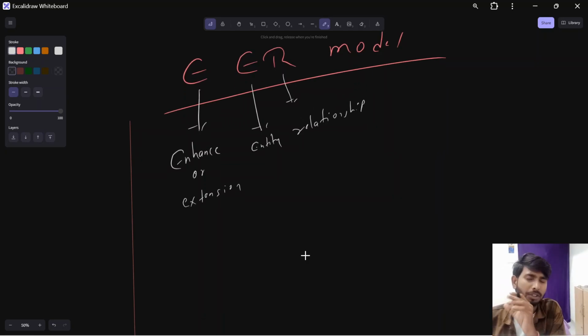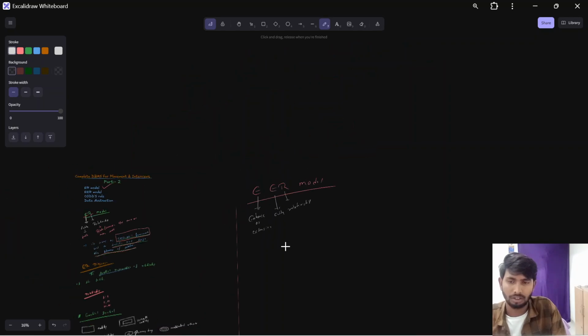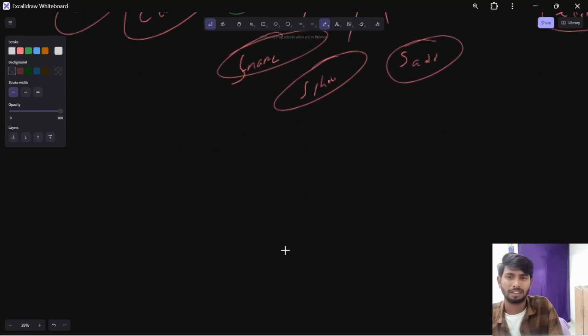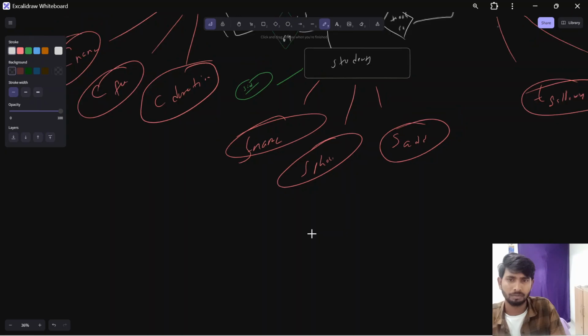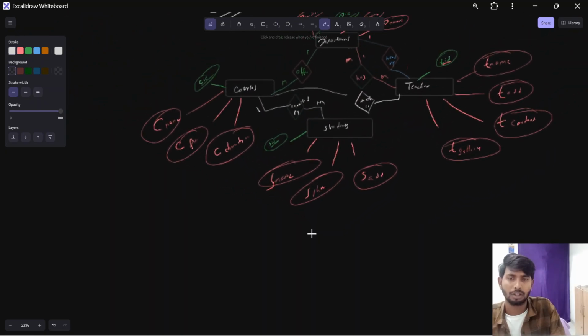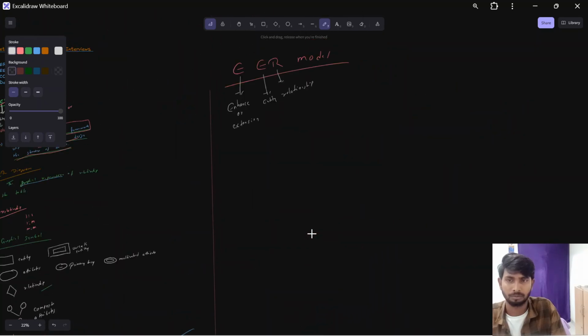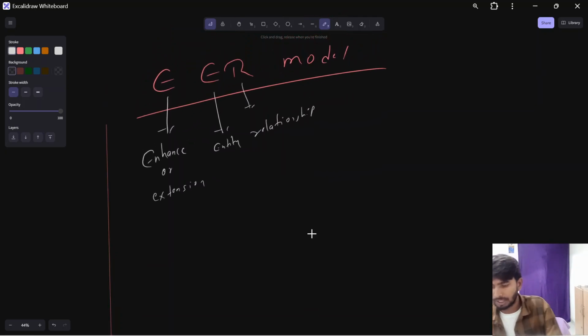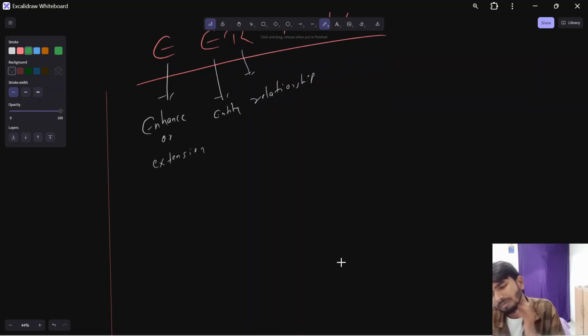That means there is some issue here. If you look at this, there is some jumbling, na. So for this not to happen, we use the EER model now. This is the advanced version of the ER model. We can say enhanced entity relationship model.